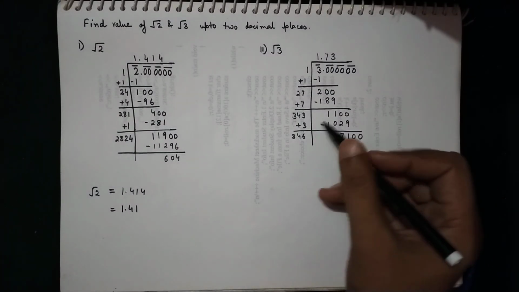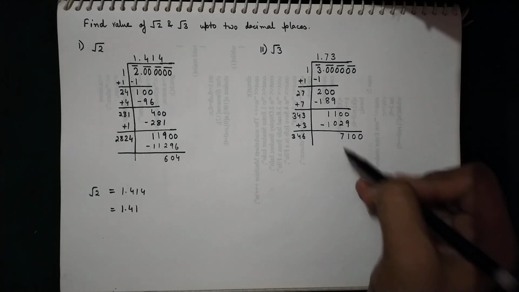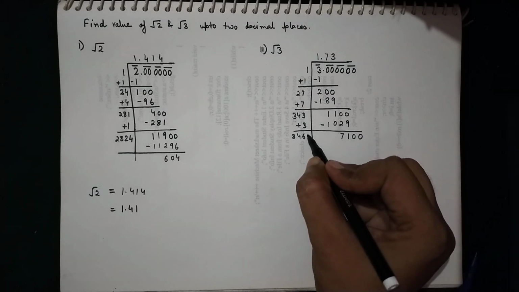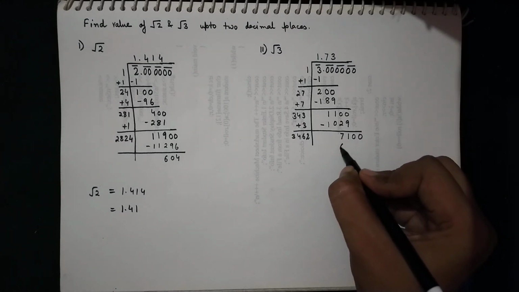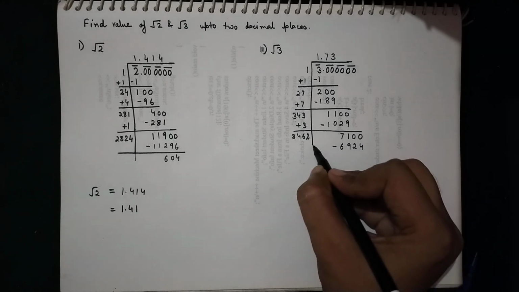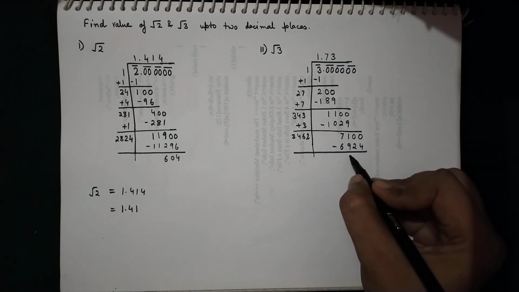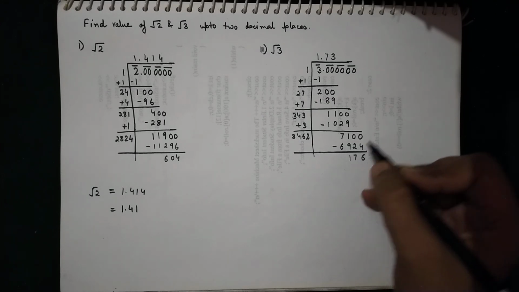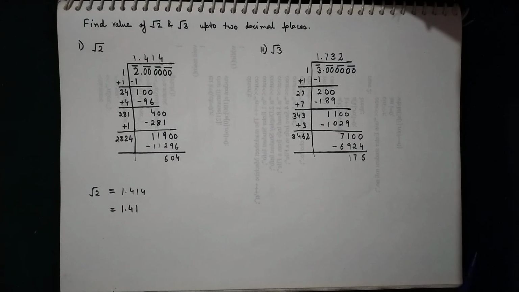Then we can go for 2. There is 34, this is somehow 3400, and this is 71 only, so we can try for 2, and this will become 6924. Subtract it, and this will be 176, and 2 as your answer.